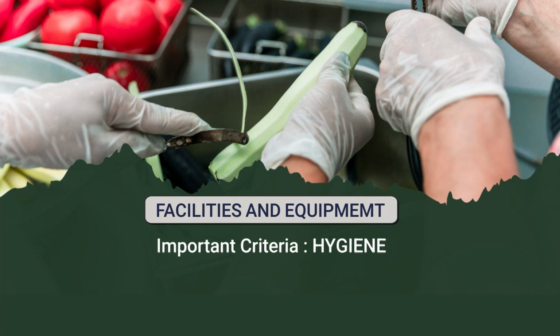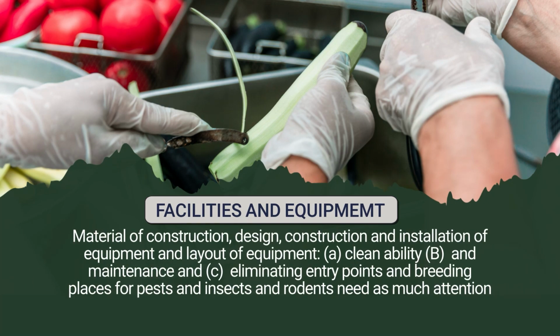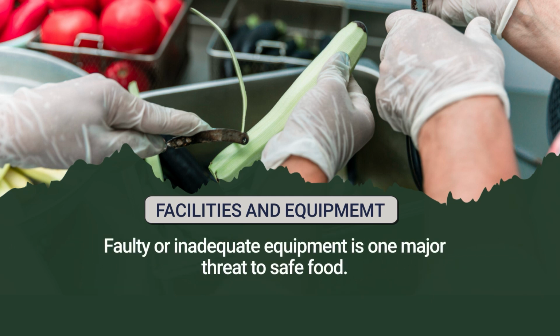Again, the important criterion is hygiene. The material of construction and layout should be such that it is easy to clean and easy to maintain, and eliminates entry points and breeding places for pests and insects. The major threat normally is faulty or inadequate equipment.